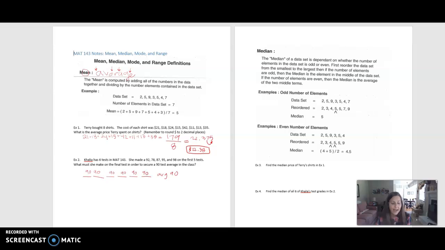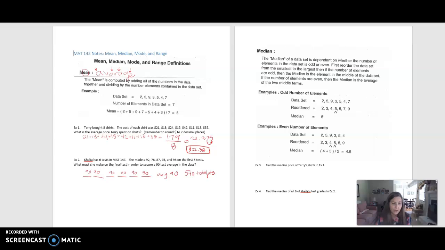And so if I were to add that up, 90 plus 90 plus 90 plus 90 plus 90 plus 90, that's 9 times 6, which is 54. So I would have 540 total points. That's how many points she needs in order to have a 90 average.